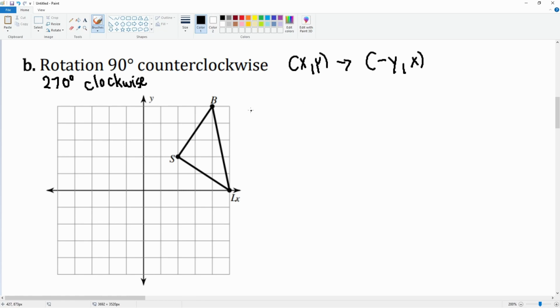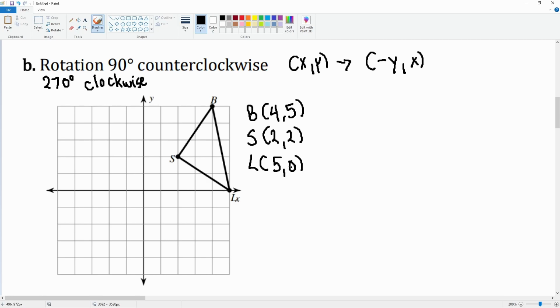Let's label our points here. I'm just labeling the pre-image. B is 4 comma 5. S is 2 comma 2. L is 5 comma 0.